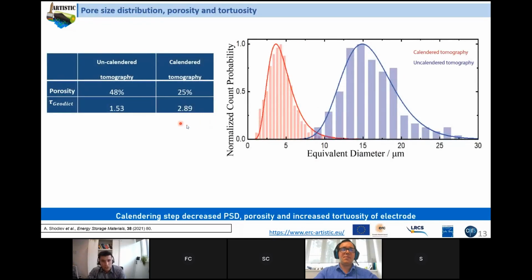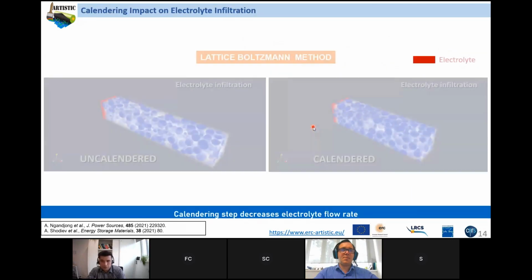Further, as I mentioned before, we had a tomography electrode. We have an electrode structure obtained by tomography, and we have an uncalendared NMC electrode and a calendared NMC electrode. Of course, after calendering, you decrease the porosity, but not only porosity, you change the pore size distribution as well. Now we can study not only how porosity affects, but how the pore size distribution within the structures changes.